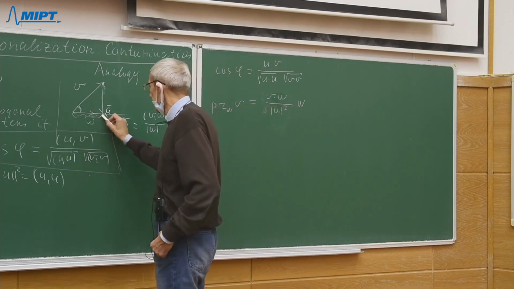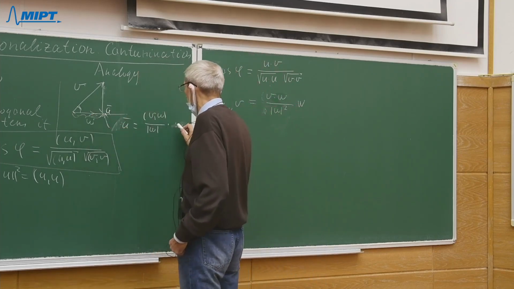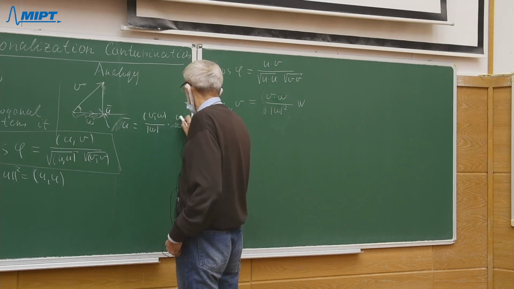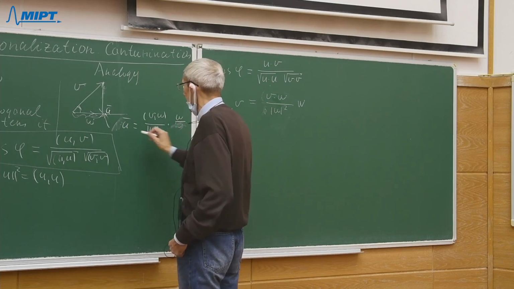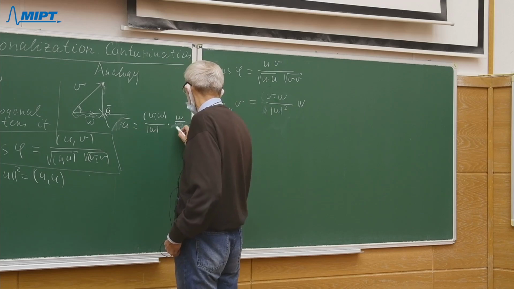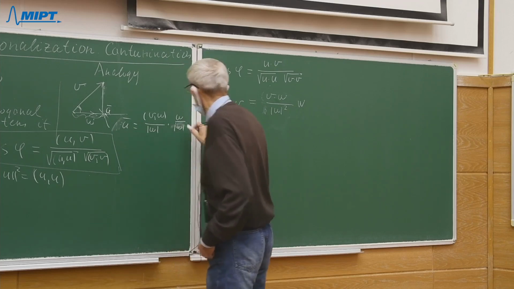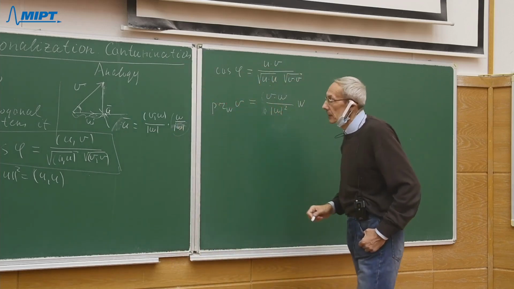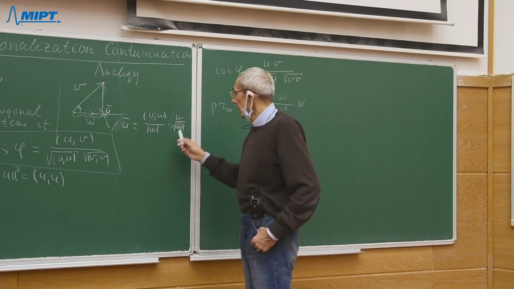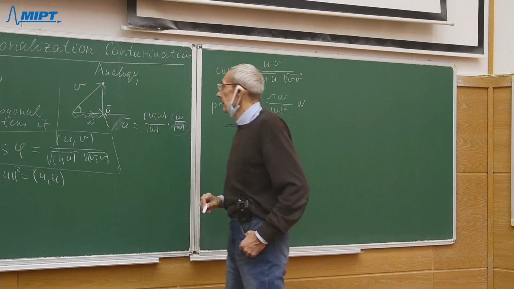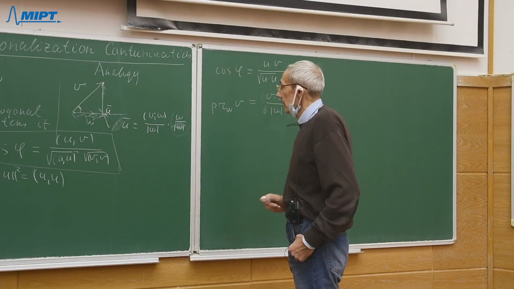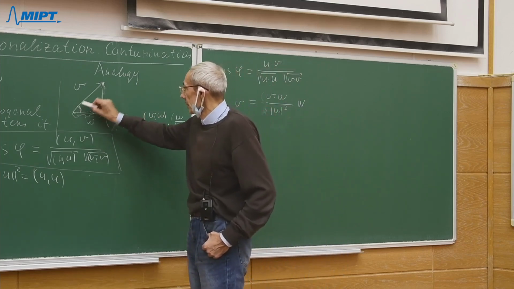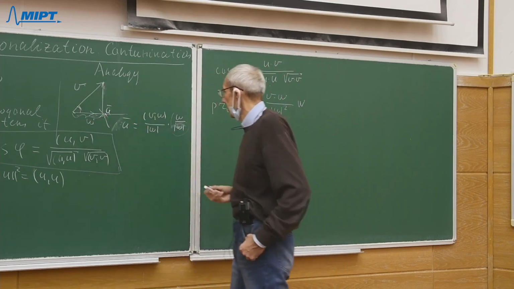And with this length we multiply the unit vector which is parallel to the vector w, namely the ratio of w and the length of this vector. We exactly obtain the vector A, which is the projection of the vector v on the vector w.